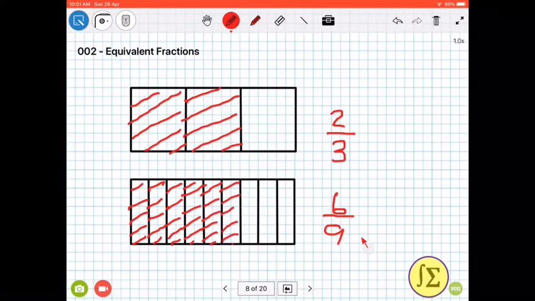All right, so we can see that the area shaded is the same, right? They end at about the same mark, right?